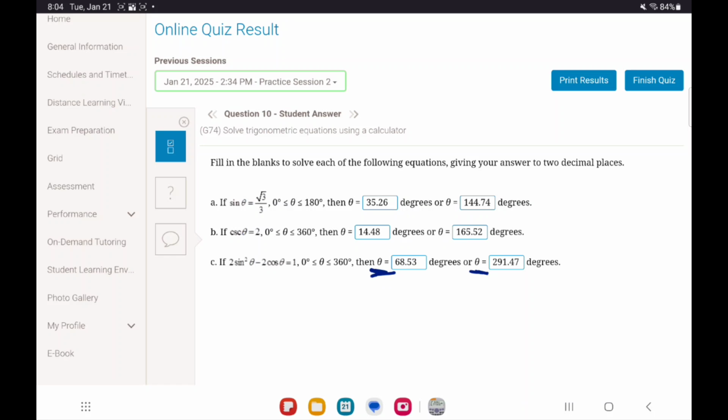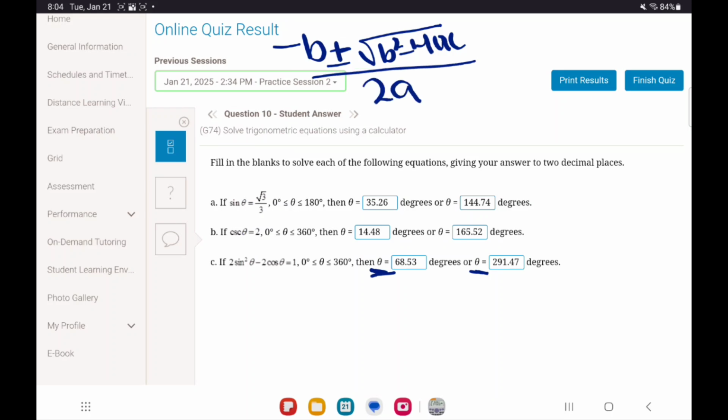The quadratic formula is minus b plus or minus, because we're finding 2 roots, so it's plus or minus radical b squared minus 4ac over 2a.